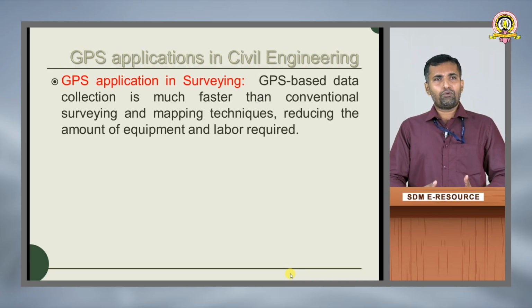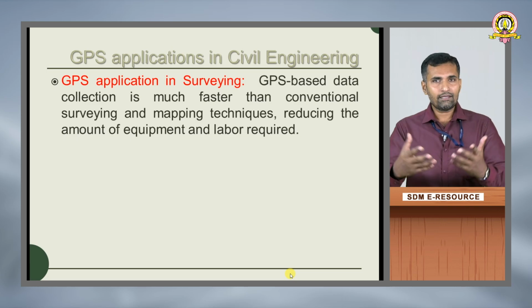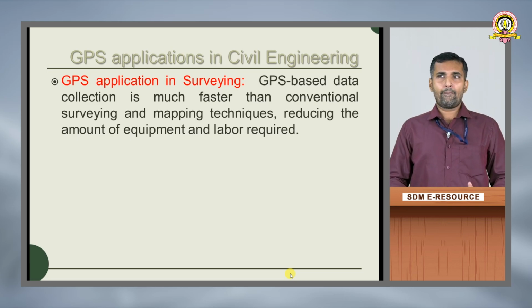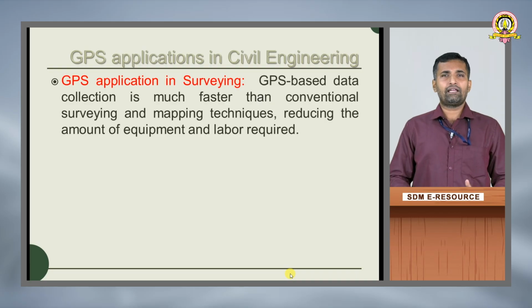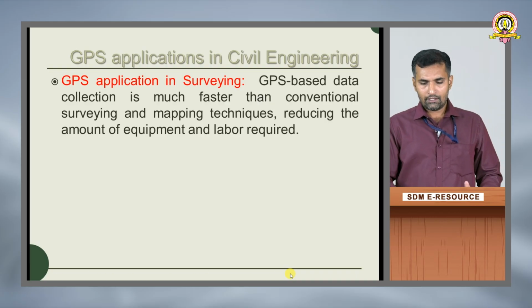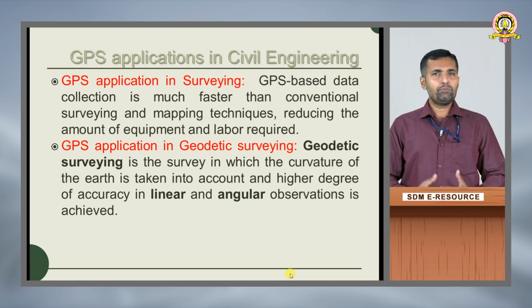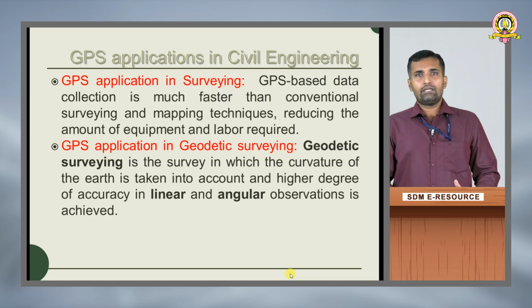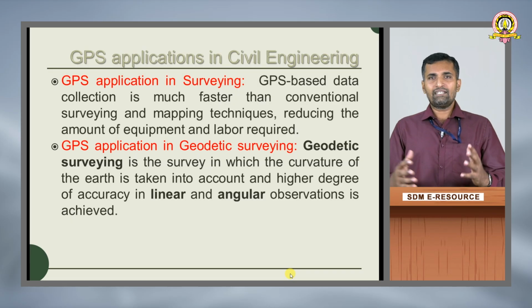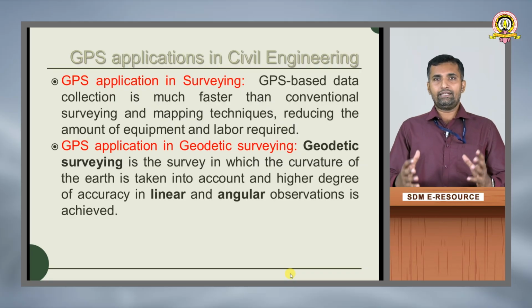The first and foremost is GPS application in surveying. GPS based data collection is much faster than conventional surveying, which requires manpower, equipment, labor, etc. Then there is GPS application in geodetic surveying. What does geodetic surveying mean? It considers the curvature of the Earth.